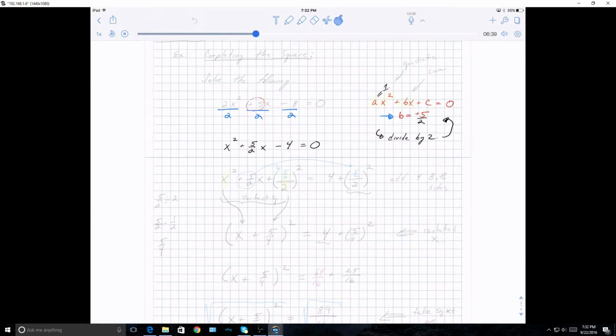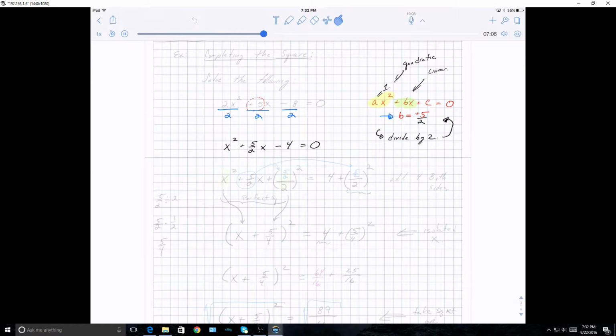So what we're going to do is simply isolate the linear and the quadratic terms. This right here is the quadratic, and this right here is the linear term.